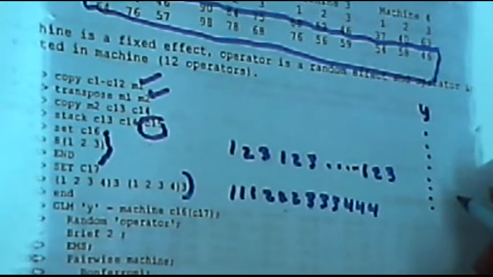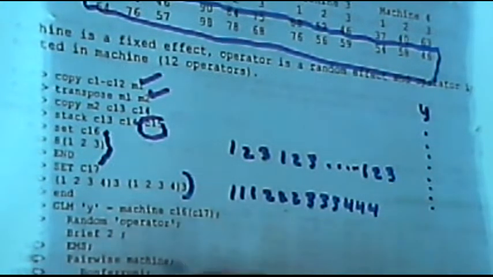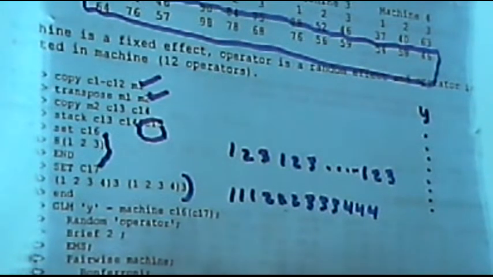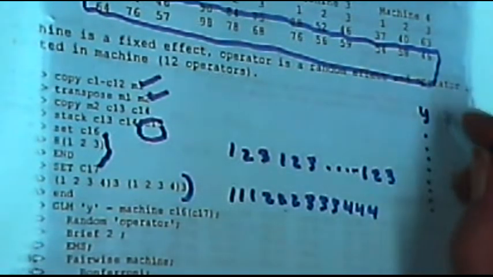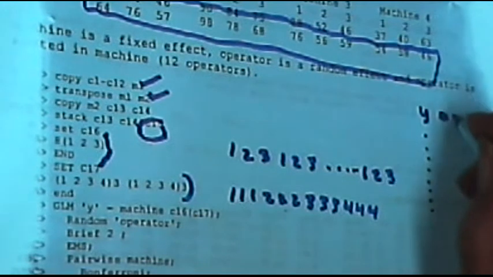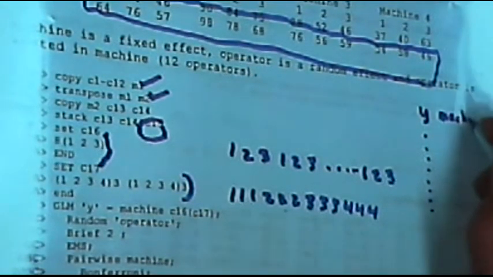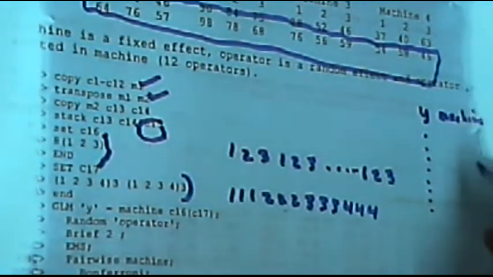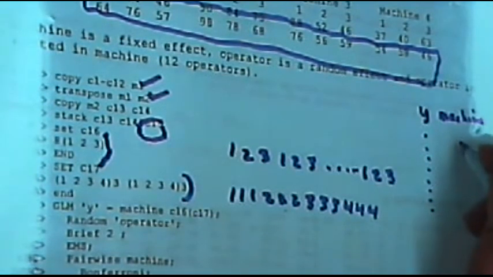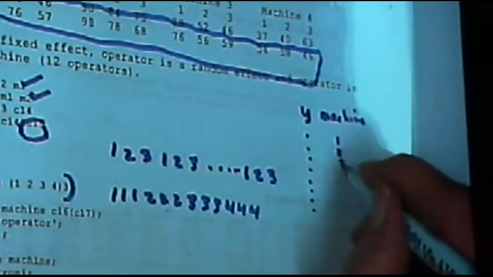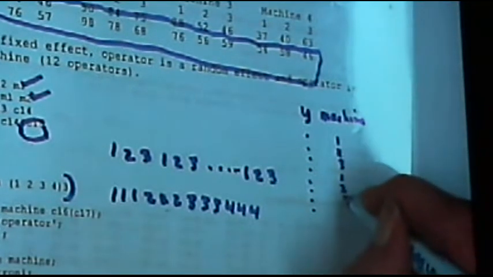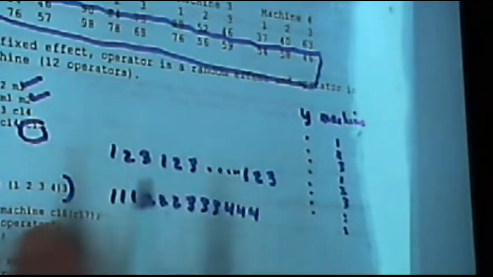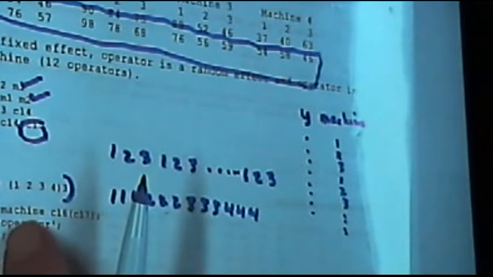Then I have machine, which is going to be the 1, 2, 3, 1, 2, 3. I've given that the name machine, so that's okay.